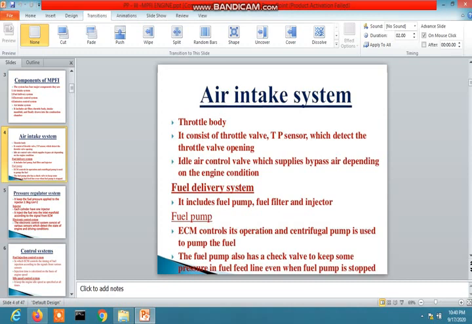It also has a check valve to keep the residual pressure, so it is necessary to build the pressure.